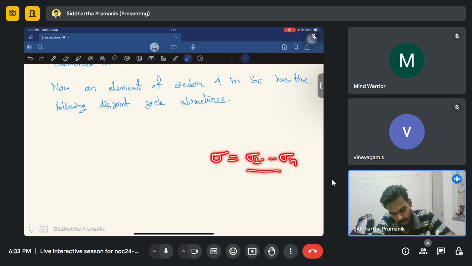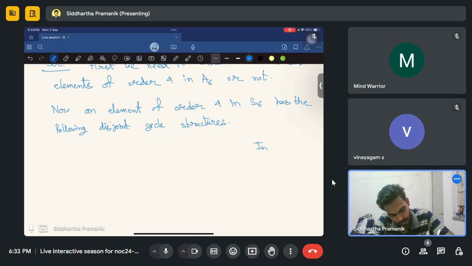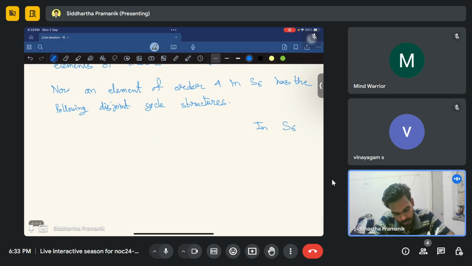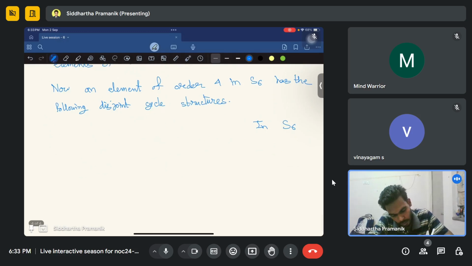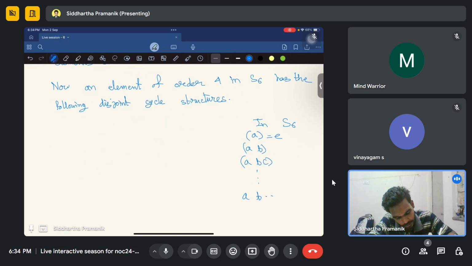That is known as the disjoint cycle structure of sigma. So every element of Sn can be written this way. We are in S6, so what are the different cycle structures? First is one cycle, which means it is just the identity element, because we don't write 1-cycles, or it can be a 2-cycle, or a 3-cycle, up to a 6-cycle.